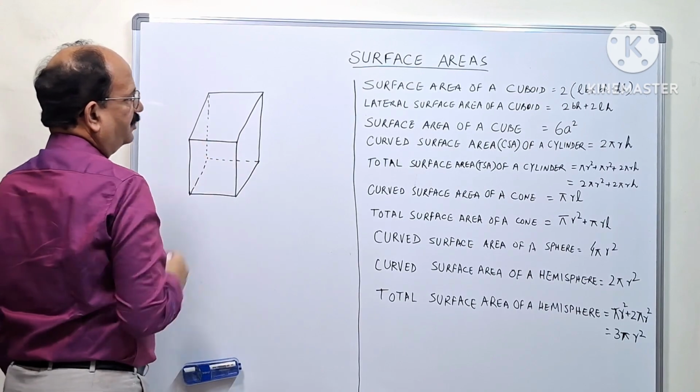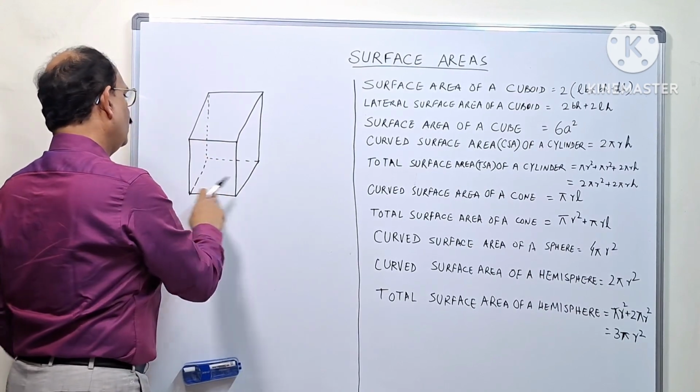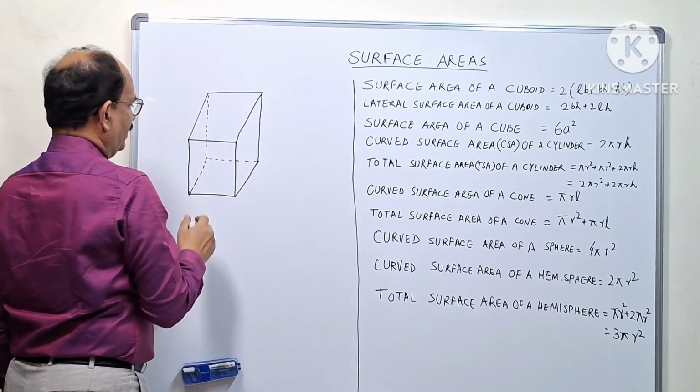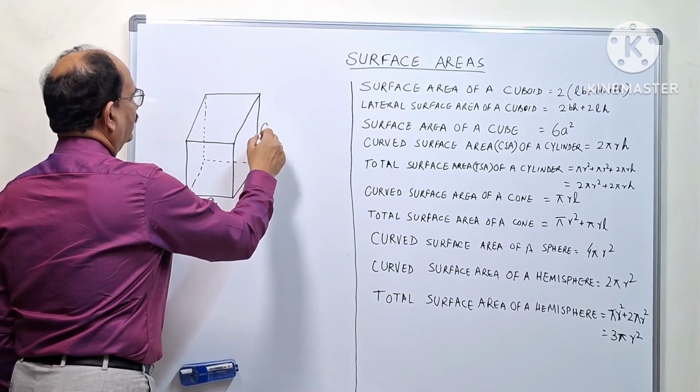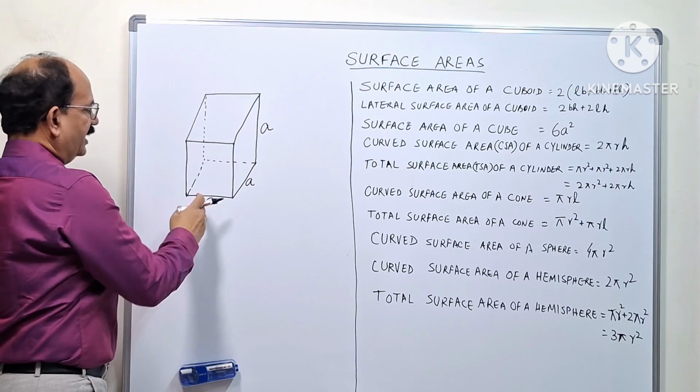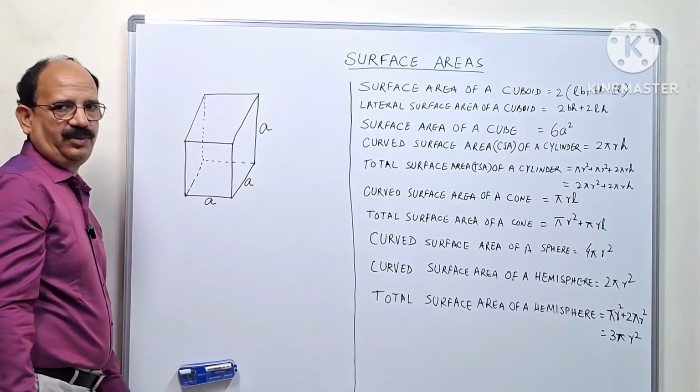So this is appearing like a cube where all edges are of the same length. For example, if this is A, then this will also be A, and the height will also be A. So length, breadth and height all are equal.